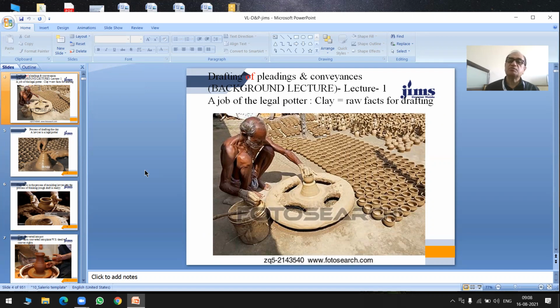Likewise, you are supposed to read the raw facts given to you by your client, and then out of those raw facts, you will draft either a plaint or written statement, as the case may be, or a deed of gift, deed of sale, as the case may be.